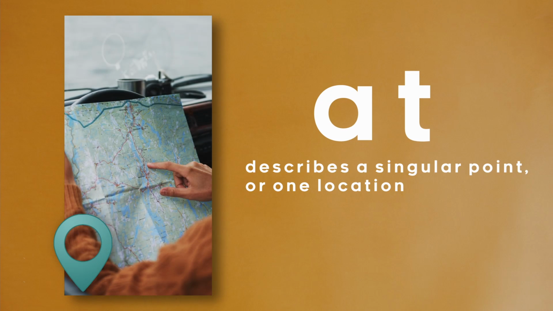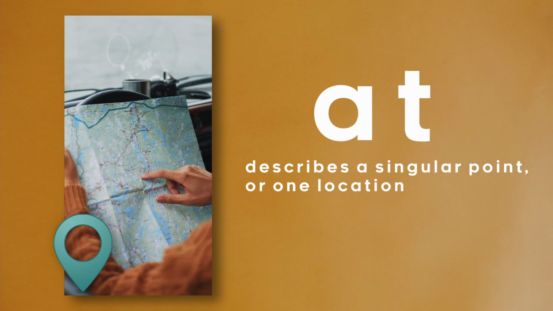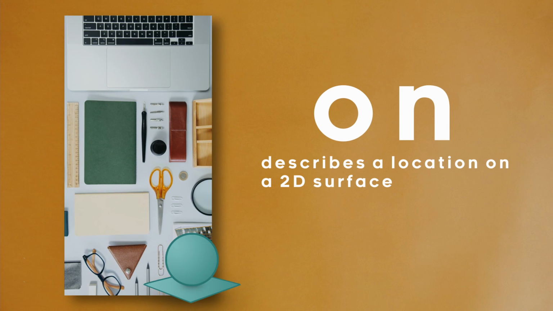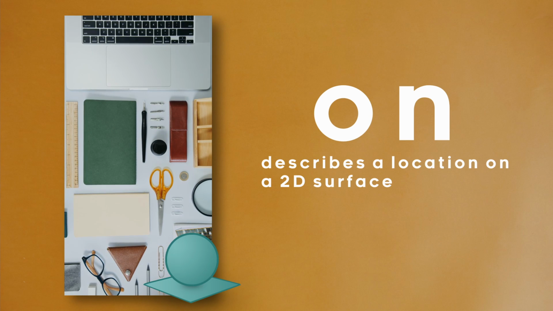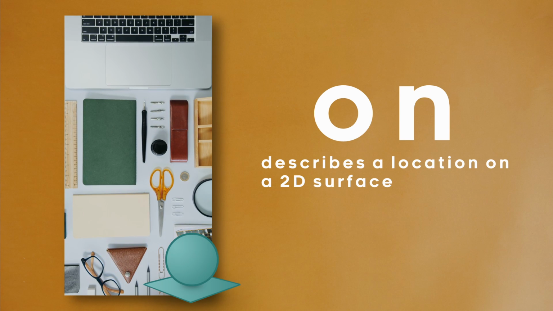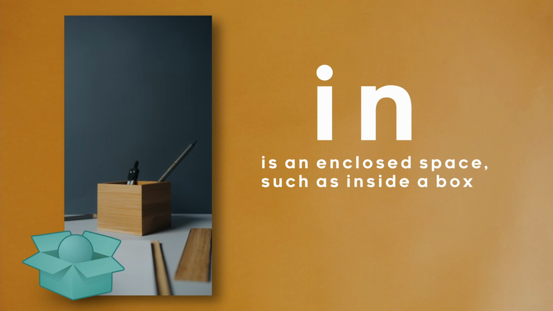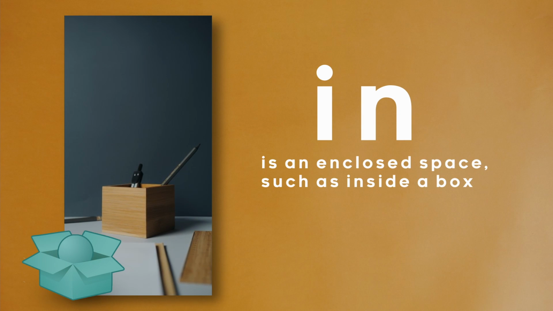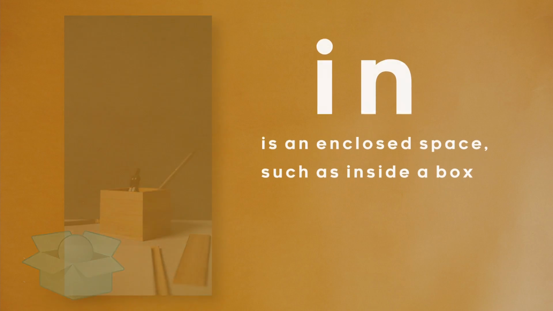Here's what I mean. At describes a singular point or one location. We can imagine on describing a location on a 2D surface. And in is an enclosed space, such as inside a box.